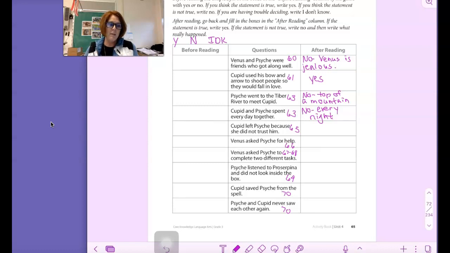Cupid looked up at Psyche with sad eyes. "I asked only for your trust," he said, "but this act of yours shows that you do not trust me. When trust is gone, love must depart." So Cupid left Psyche because she did not trust him. Is that a yes or is that a no? That's a yes.